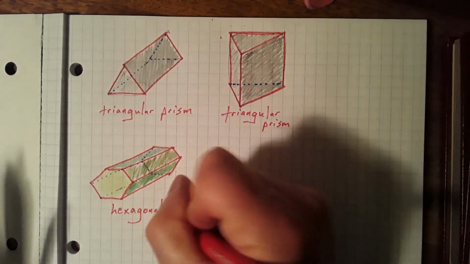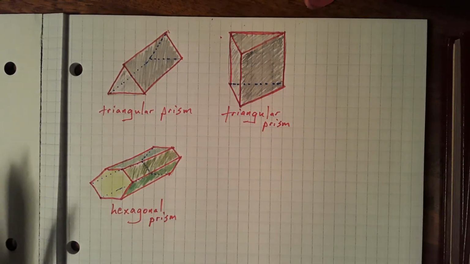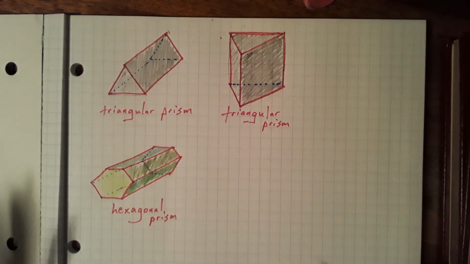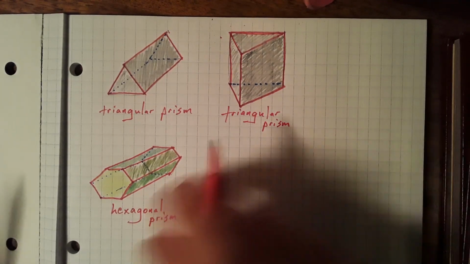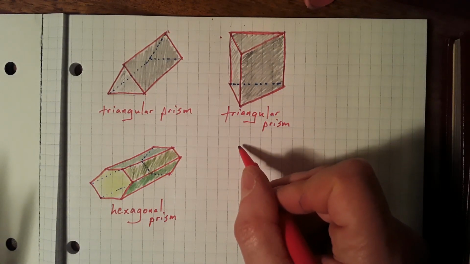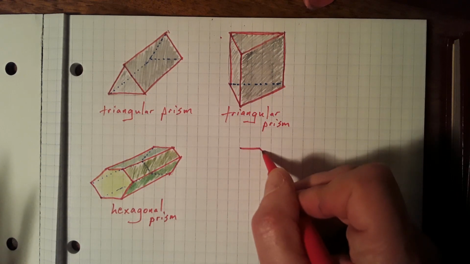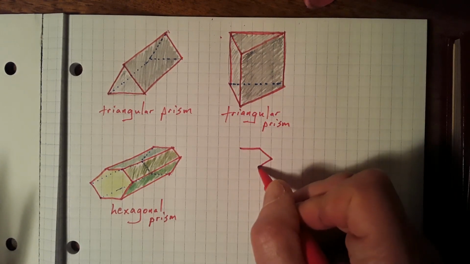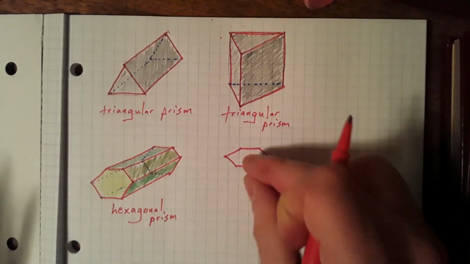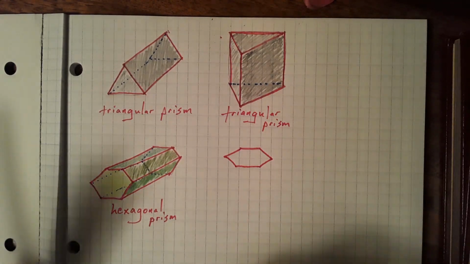Hexagonal prism, one hexagon in front, one hexagon in back, and then all the other faces are rectangles. And maybe here's front and back, but maybe it would also be top and bottom. The way that I like to do this, you draw a hexagon. It looks kind of smushed, a regular hexagon, but smushed. That gives it that 3D quality.